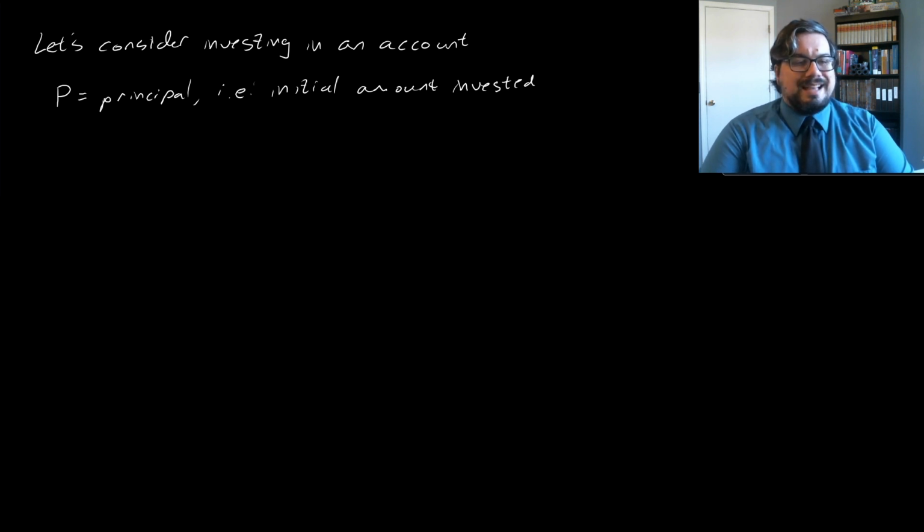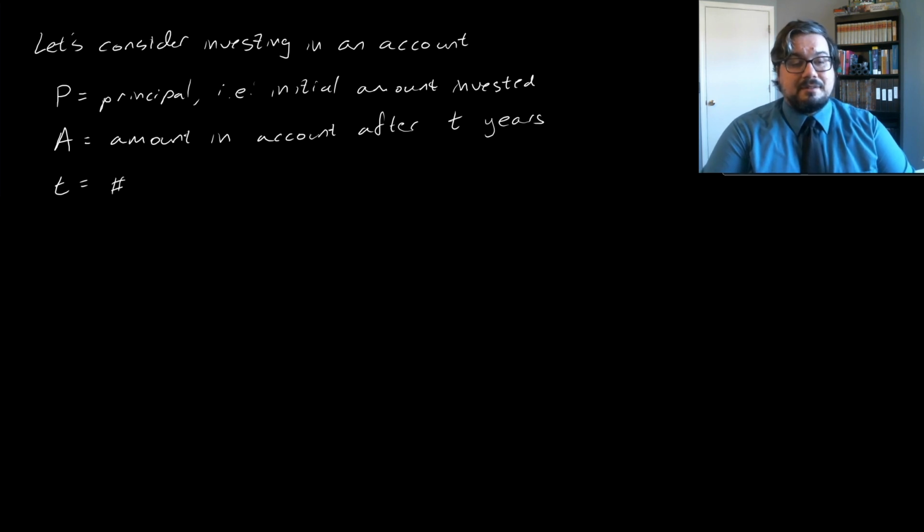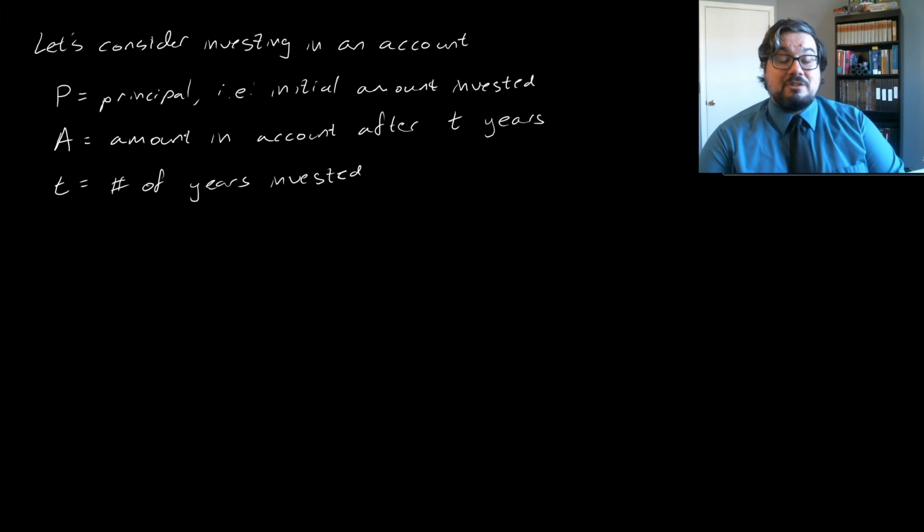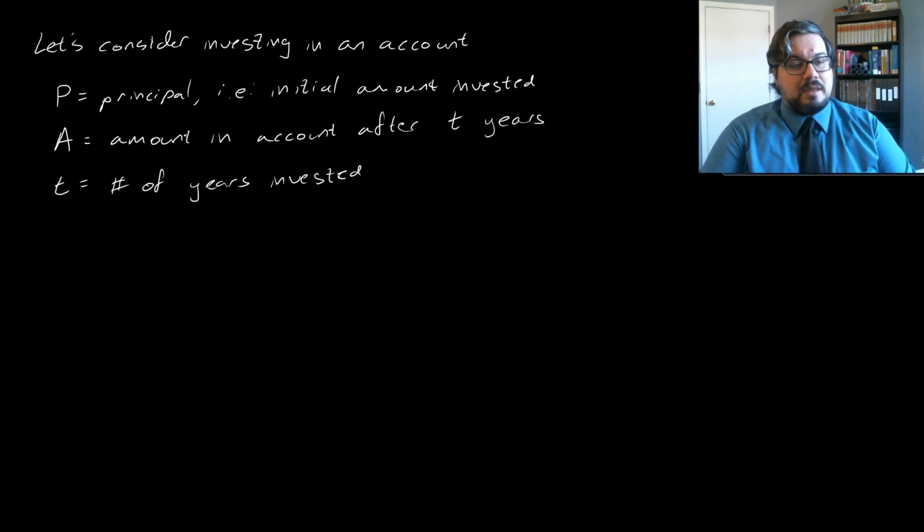We will let A be the amount in the account after T years, where T is the number of years invested. Then we've got two other pieces of information that we need to consider.